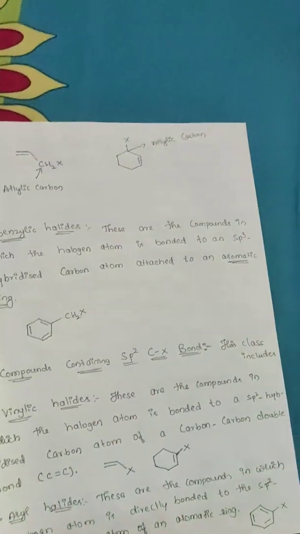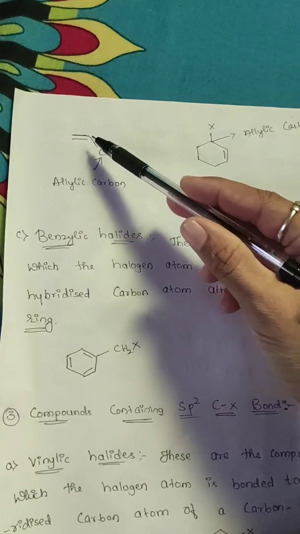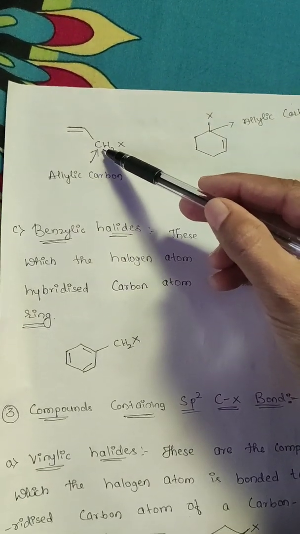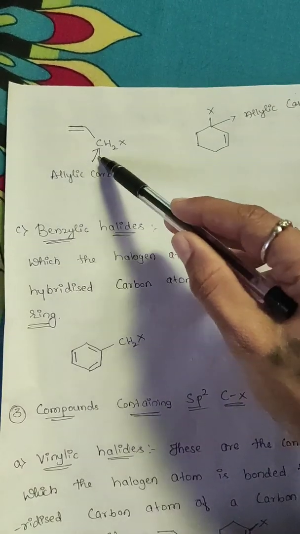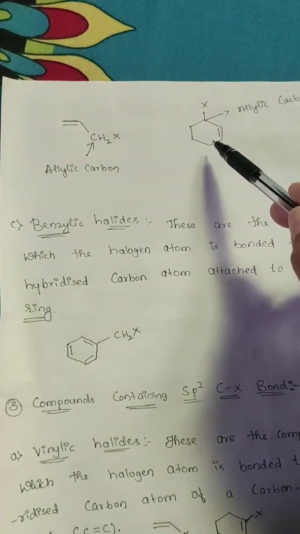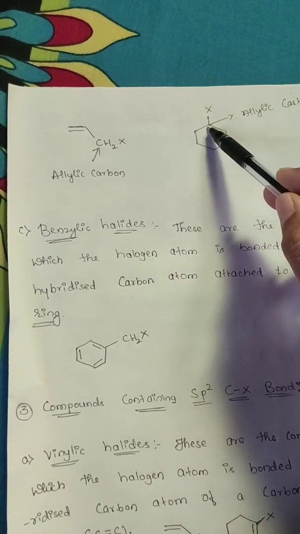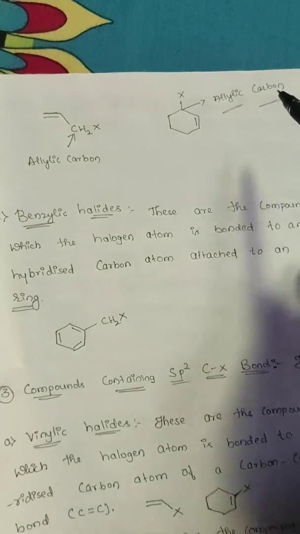For example, you can observe that here the halogen atom is not directly bonded to the double bond, it is bonded through the CH2 group. So such a carbon is called allylic. Similarly, here also the halogen atom is not directly bonded to this carbon atom, it is bonded through the CH2. So such a carbon atom is called allylic.